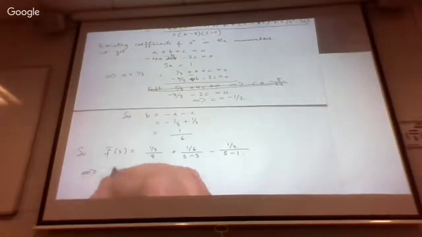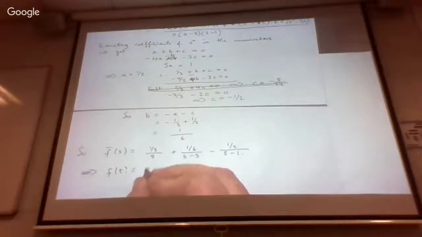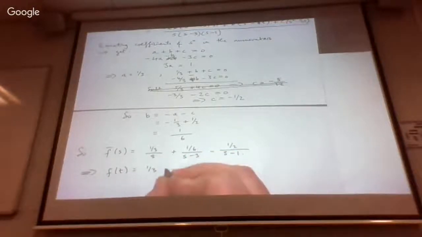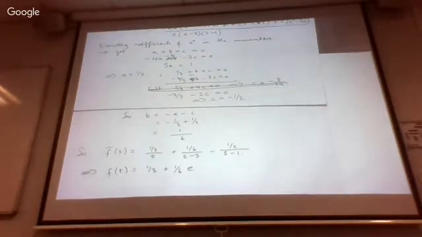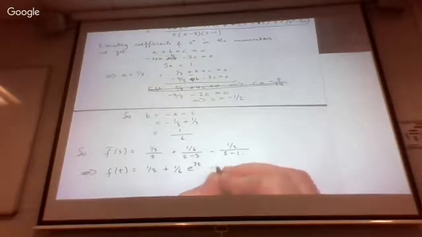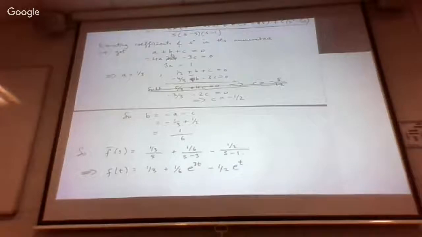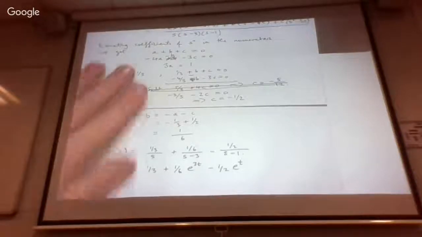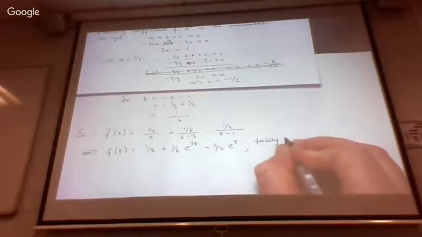So that implies that f of t is, well, that's just a third plus 1/6 e to the 3t, and this is minus a half e to the t. So I'm reading those inverse transforms from the table of Laplace transforms.